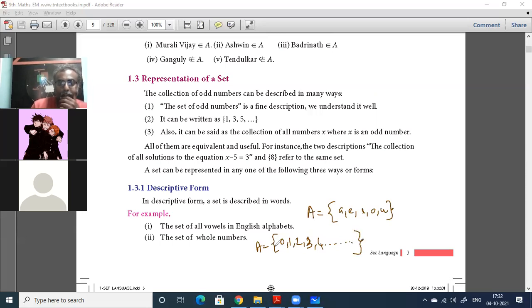Like that you can say, or you can say the set of whole numbers. Both ways are referring to the same set. This is descriptive form, the first form. This is the other form, the second form.